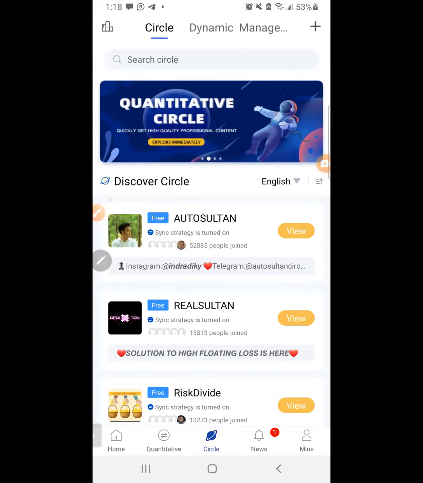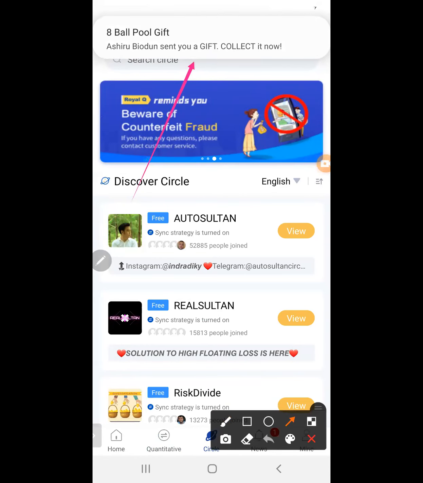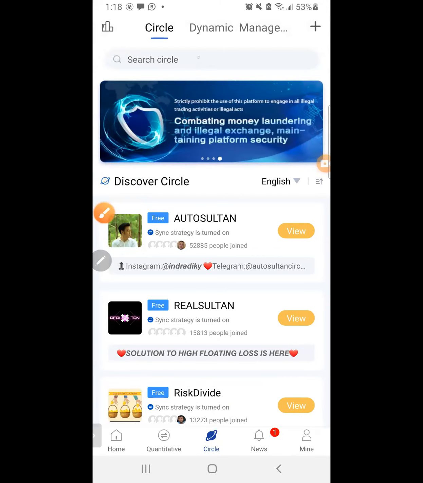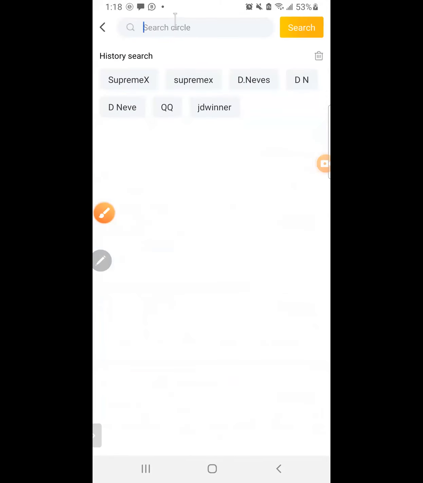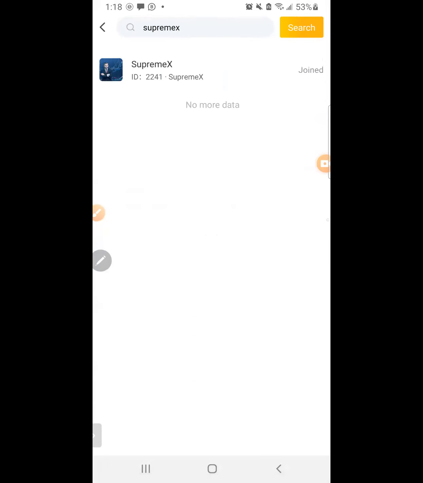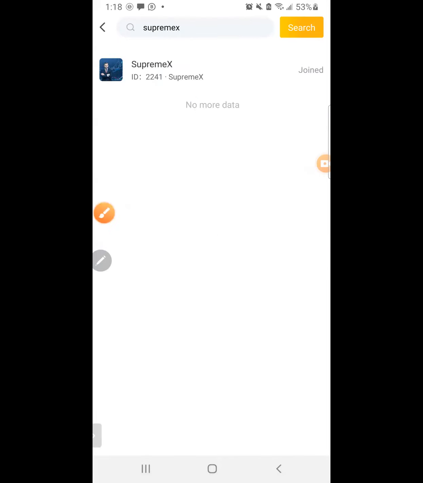Over here, click on search, type SUPREMEX, and search. It's going to come out. Click on it.